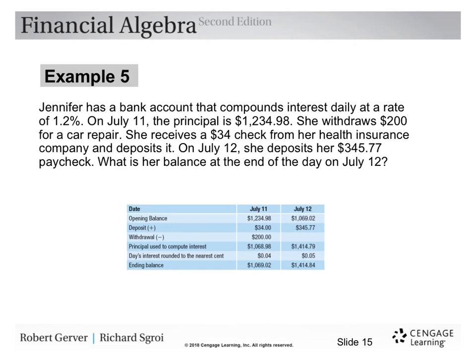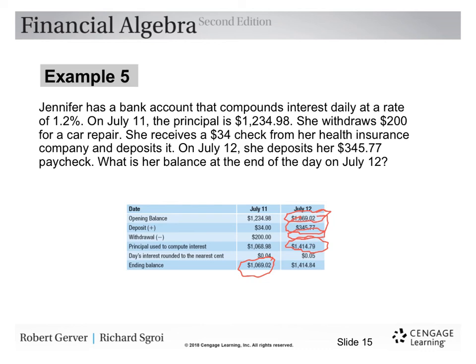All right, so we take this $1,069.02. That's her starting balance or opening balance on the 12th. Now to that, she added her paycheck of $345.77. She had no withdrawals that day. So now she has a principal of $1,414.79.